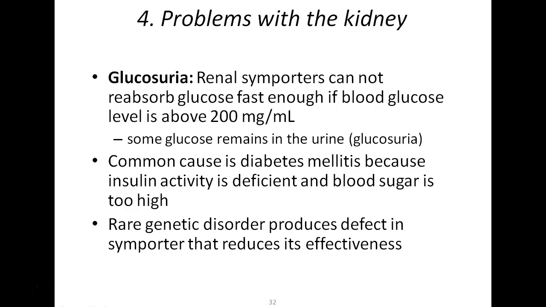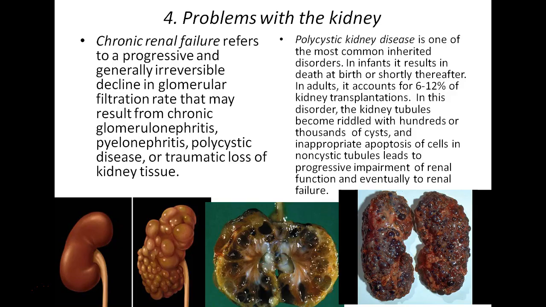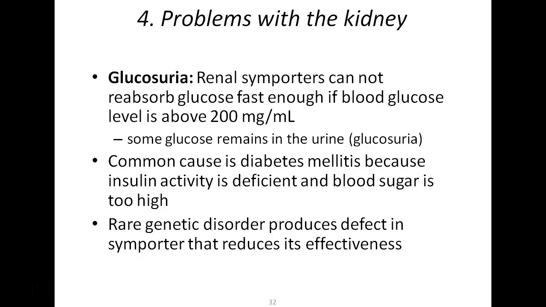But if the blood glucose level exceeds transport maximum, such as diabetes, then glucose will be excreted in the urine. So this glucosuria is going to occur when reabsorption cannot occur fast enough. And this, in addition to the last one, are both caused by a genetic predisposition.